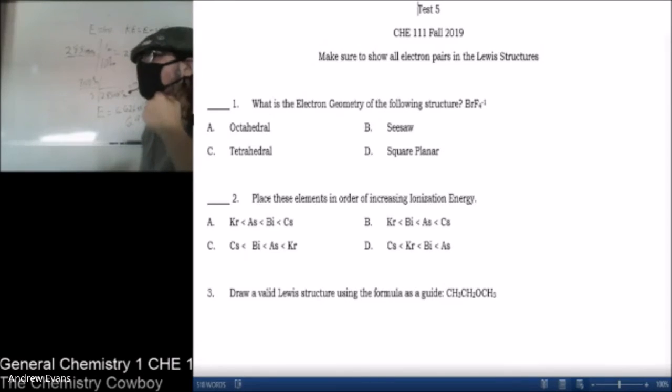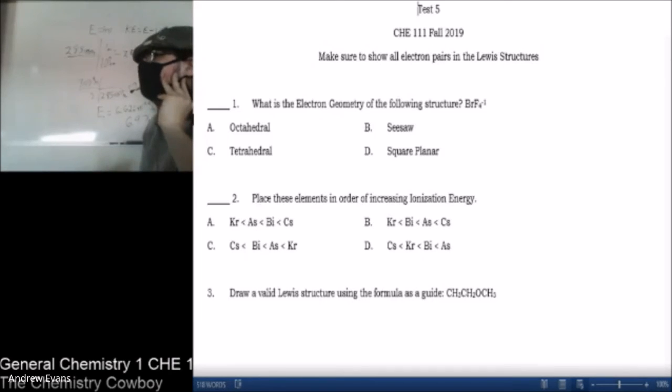So just putting them in the order of left to right, we have cesium on the left, bismuth and arsenic above each other, and then krypton all the way on the right. So krypton is the furthest right, cesium is the furthest left. So we've got our ends on that table.